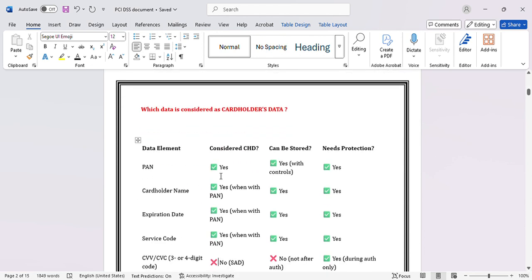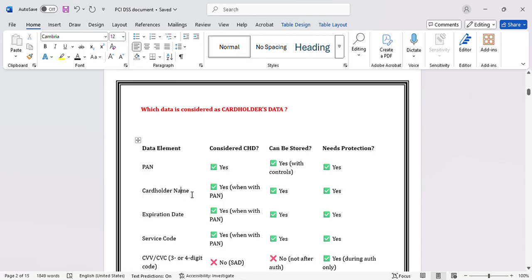What data is considered as cardholder data? Because multiple pieces of information are involved when we talk about cardholder information. So what exactly is considered cardholder data? If any organization is processing only PAN, then it is considered cardholder data.